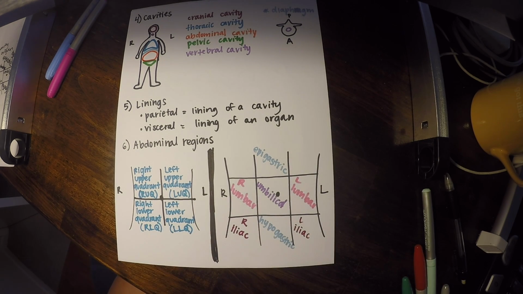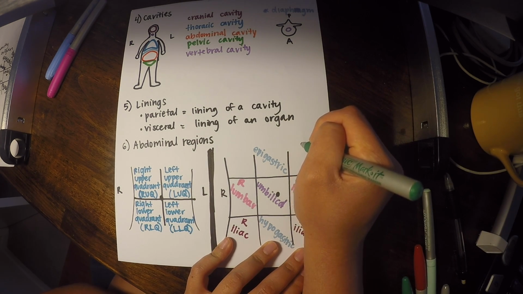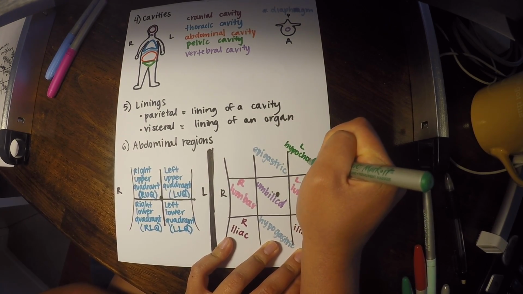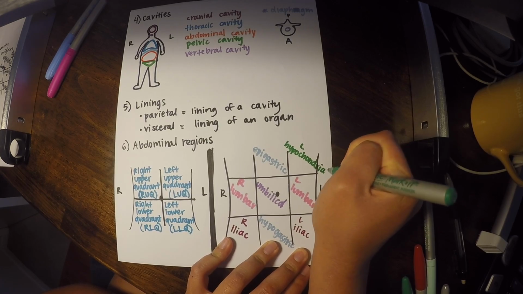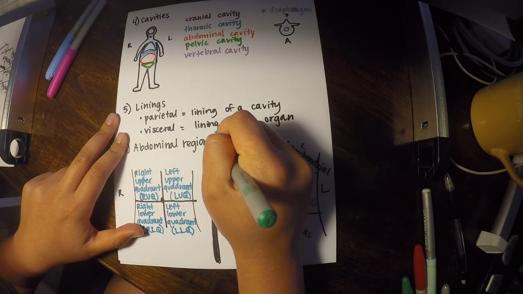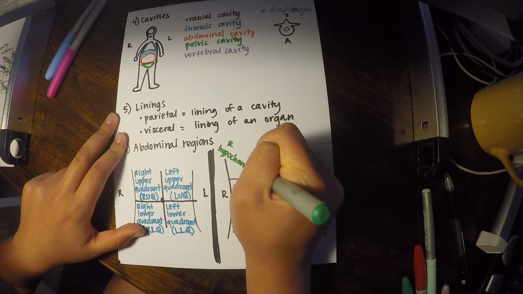So we're going to be calling them hypochondrial, because remember, hypo means below and chondrial means ribs. So this is going to be our left hypochondrial. And this is going to be our right hypochondrial.